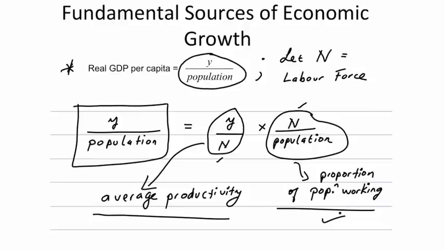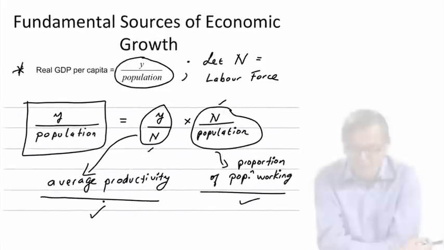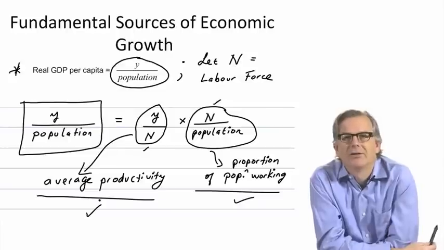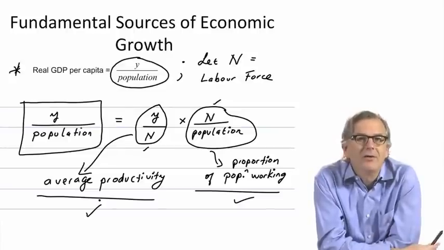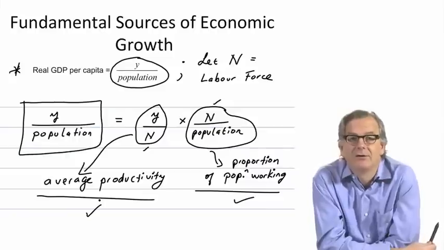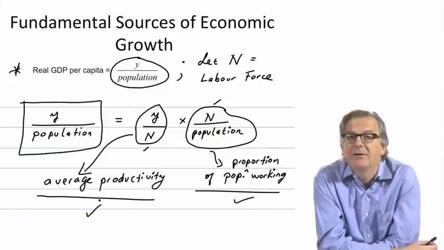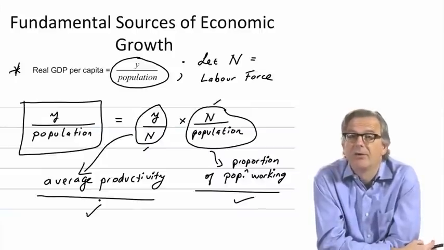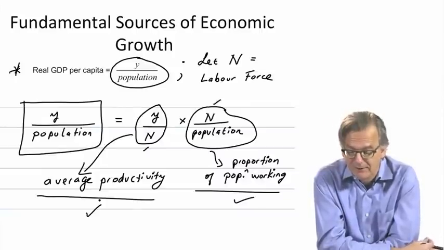So at a very basic level, average productivity is how well your workers are able to produce output, and the proportion of the population working is how many workers you have available to produce output. And all of the explanations that macroeconomists look at to explain long-run economic growth, including the ones that we are going to be focusing on in our course, essentially focus on either one or other, and sometimes both, of those two fundamental factors.